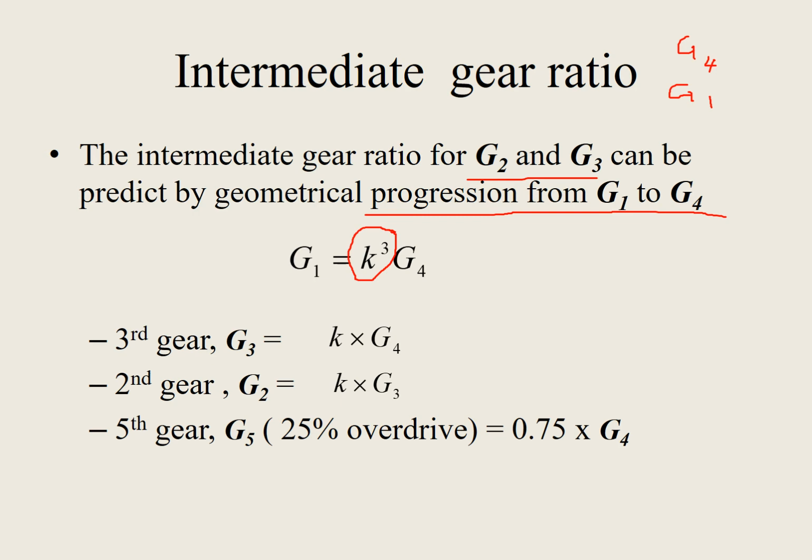So by that you can know that G3, third gear, is K times fourth gear, G2 is K times third gear, and for G5 overdrive, it's about 25 to 30% lesser than G4 or top gear. So you can multiply by 0.75 or 75%.